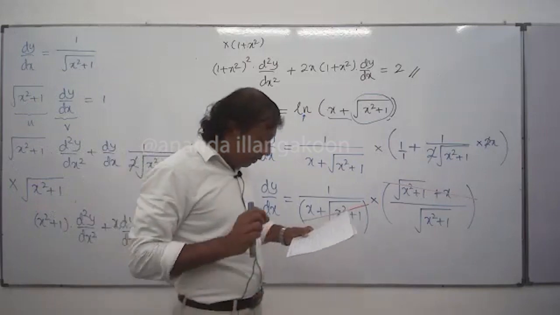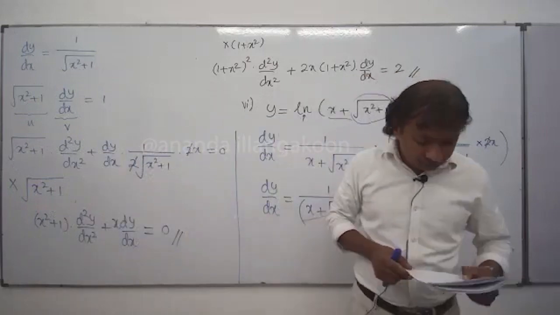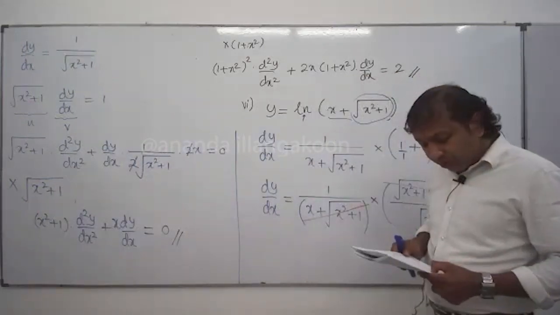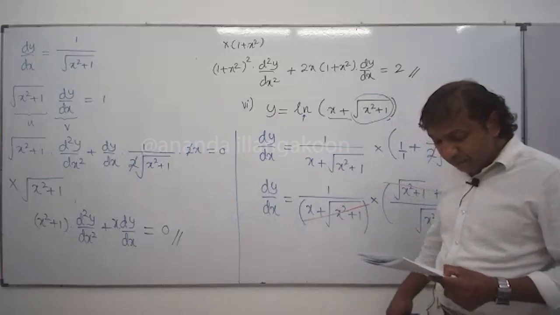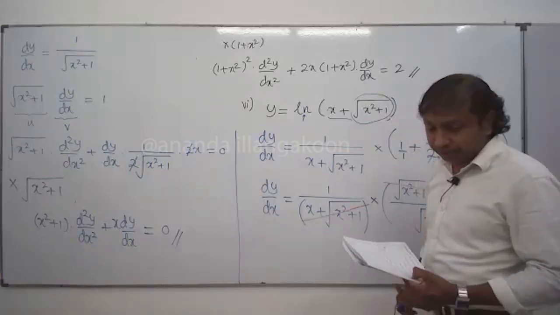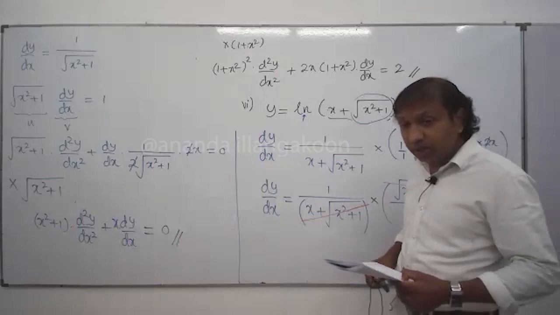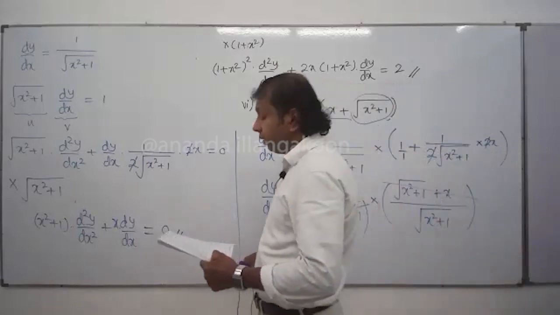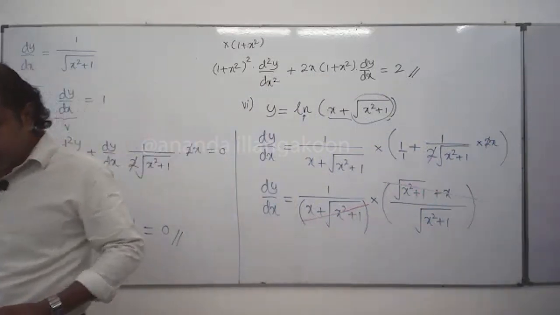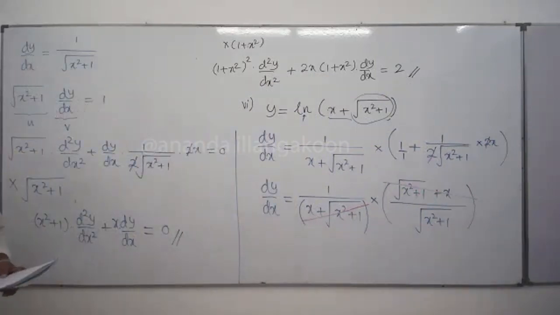Okay, the next important question in this case is 44. Question number 44, page number 11. It's a parametric differentiation question.